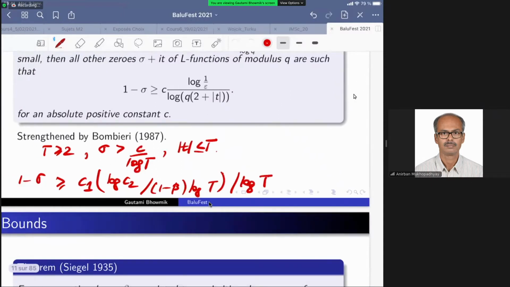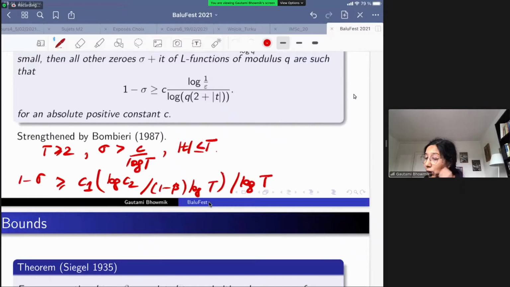That's perfect. Okay. So this is Bombieri's result in 1987. And if you wanted, you could have stated this as a density estimate. As a density estimate, it would look like this.